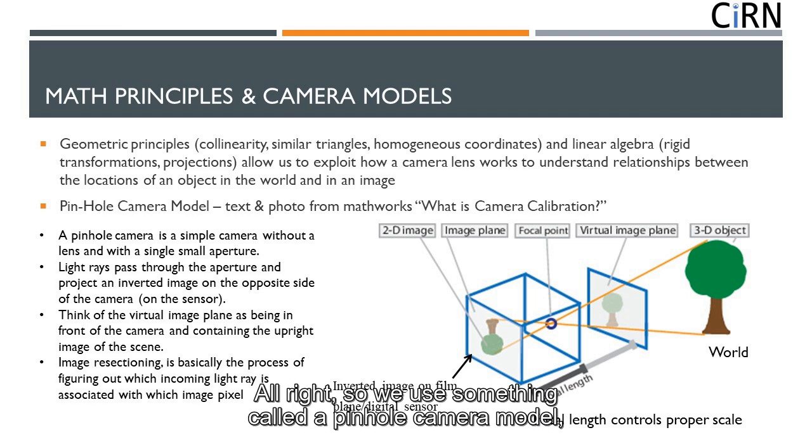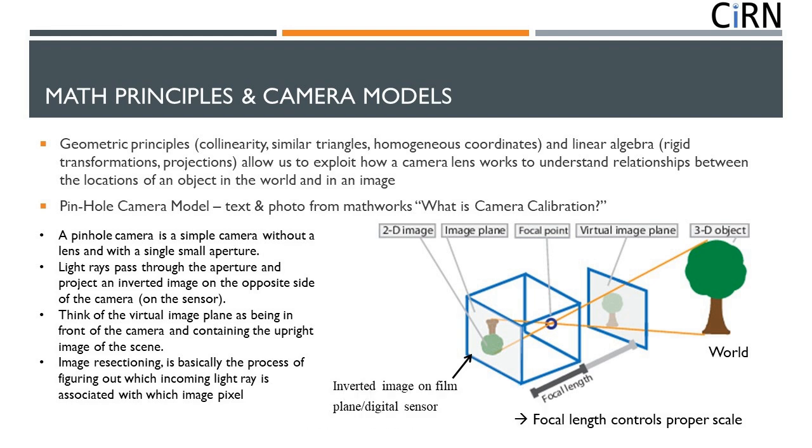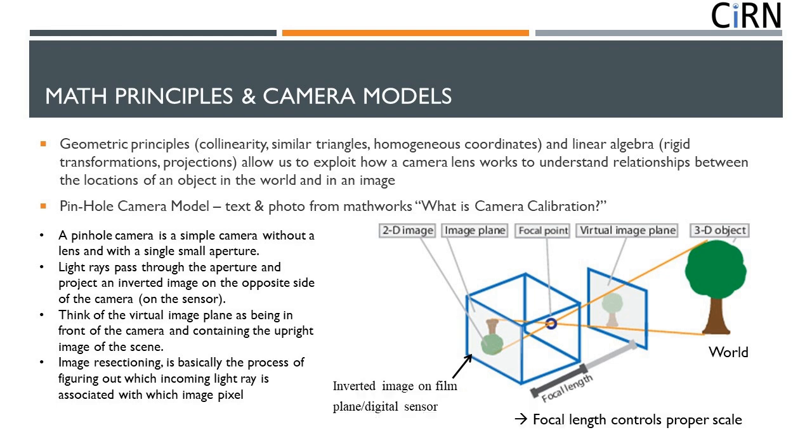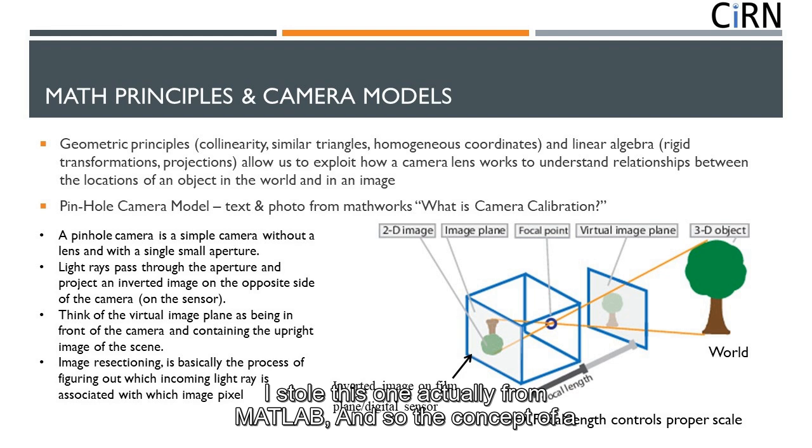All right, so we use something called a pinhole camera model, and I stole this image. There's thousands of versions of this image on the web for you to go look at and explore. I stole this one actually from MATLAB.